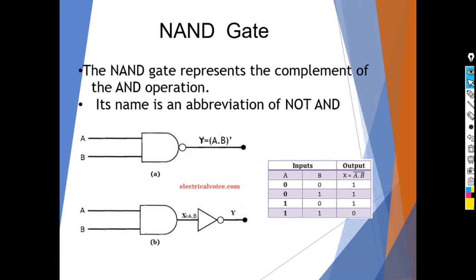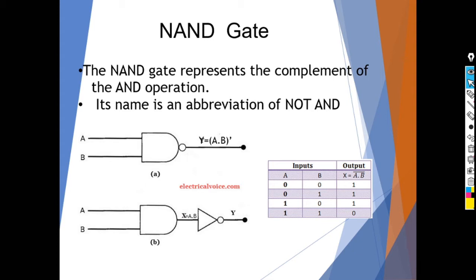Now see the truth table. For two inputs, say A and B, this will be the truth table. The operation will be just the opposite of AND gate. When both the inputs are 0, the output of NAND gate is 1. When 0, 1, the output will be 1, and when 1, 0, the output will be 1.